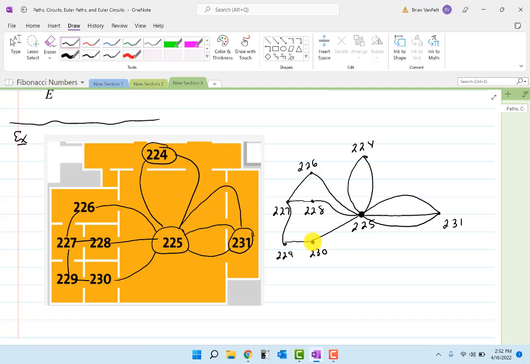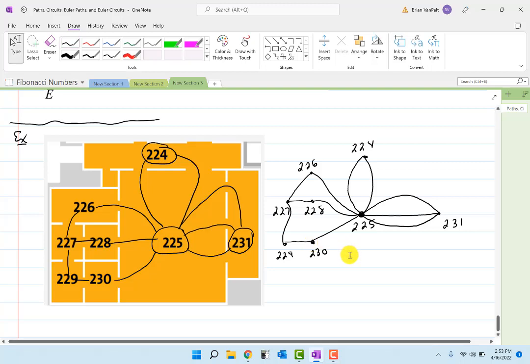Now, let's take a look and see if we can actually walk around by using only each door exactly one time. So the first thing we need to do is to check out the degrees of the vertices to see if any of these are going to work. We need to find odd ones.